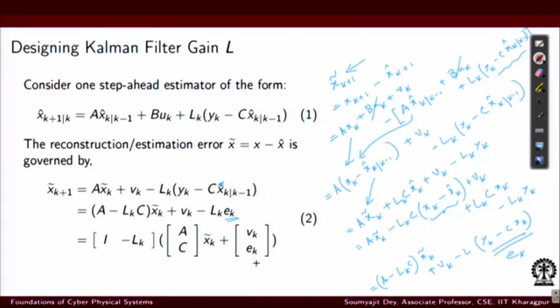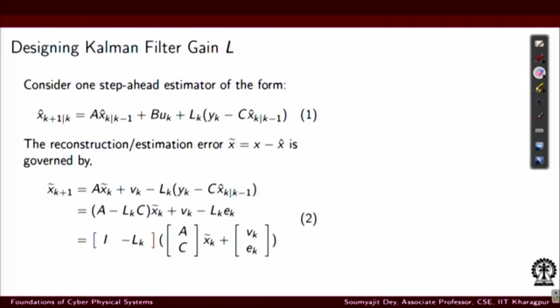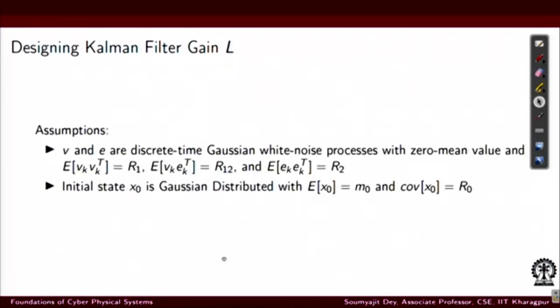So, that is like a nice matrix vector representation of the dynamics of the reconstruction here. So, this is what we intended to do here all the time. So, that is the derivation and that is how it is happening.